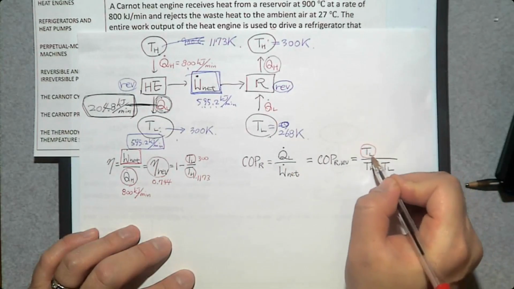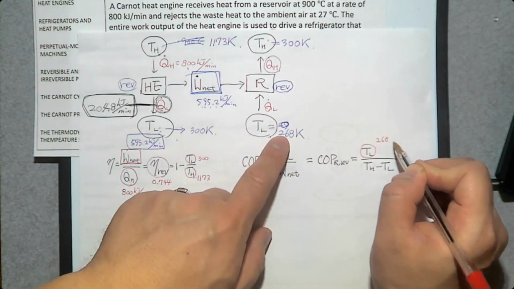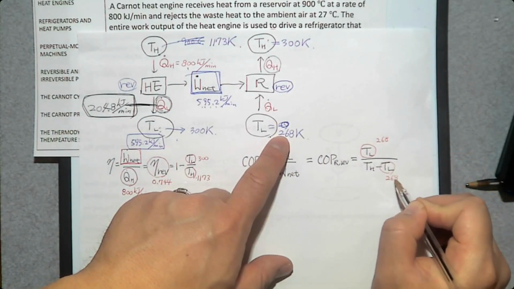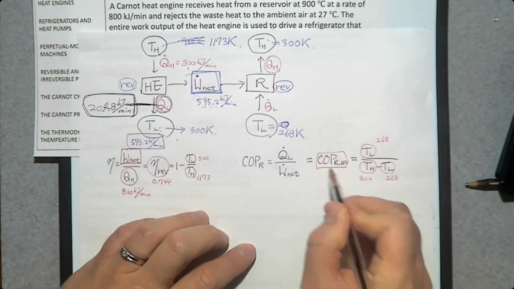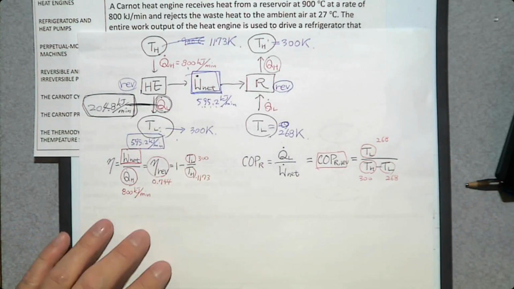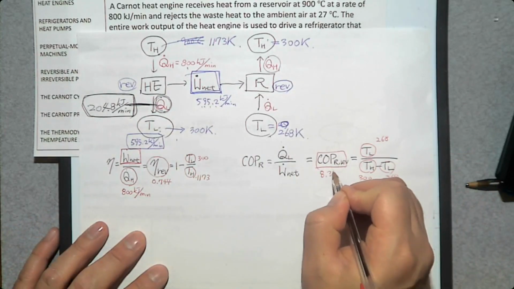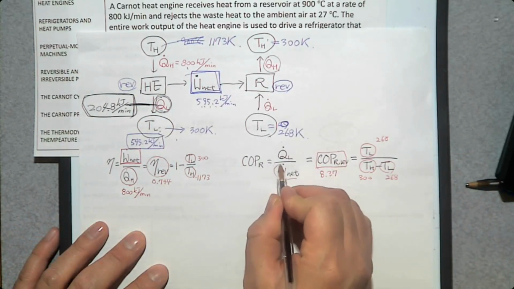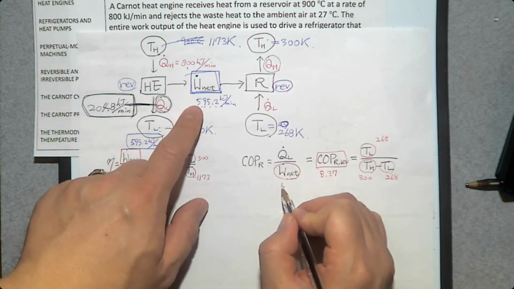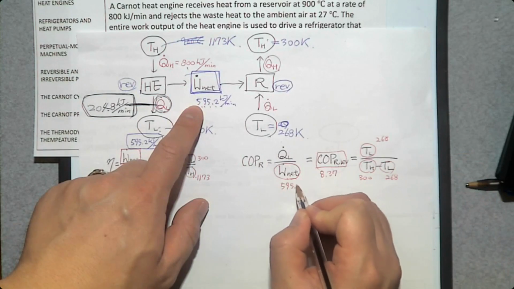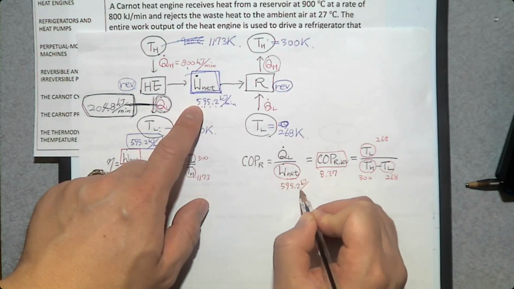So what is TR? 268. What is TH? 300. Can you determine COP? Yes. COP is 8.37. What is the required input? W dot net, 595.2 kilojoule per minute.